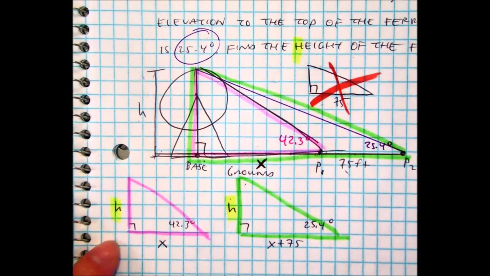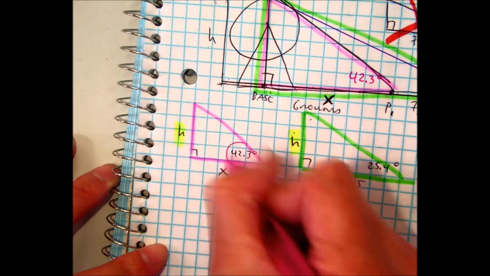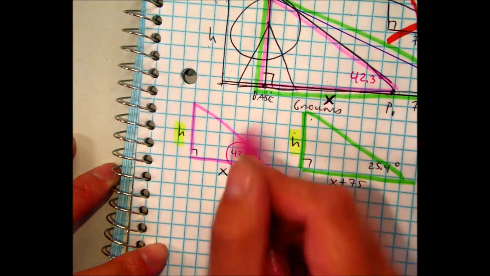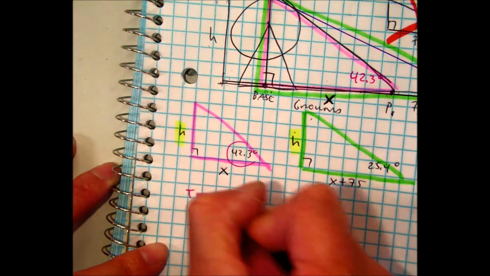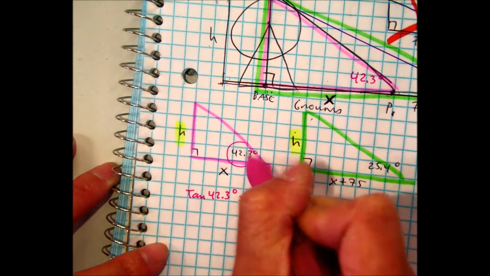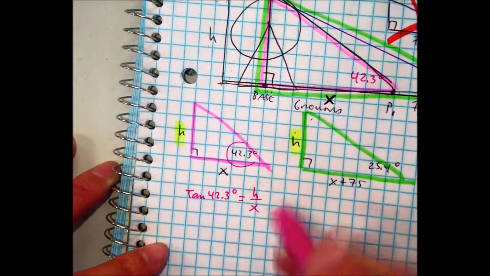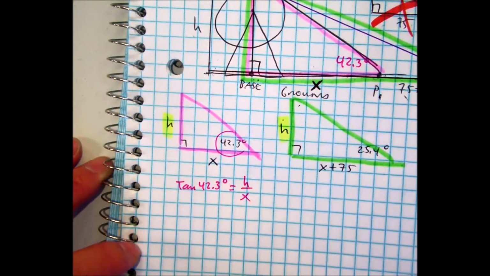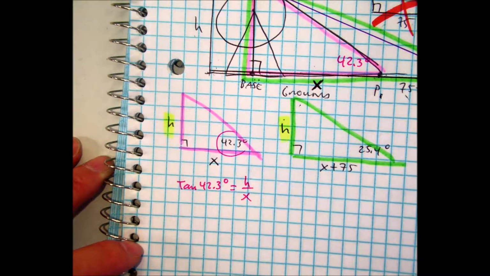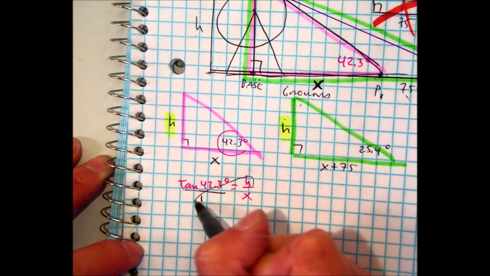Let's go ahead and solve for this pink triangle. I'm starting here at this angle, so which trig ratio? Tangent of 42.3 degrees equals the opposite over the adjacent, h over x. Put this over 1, cross multiply.